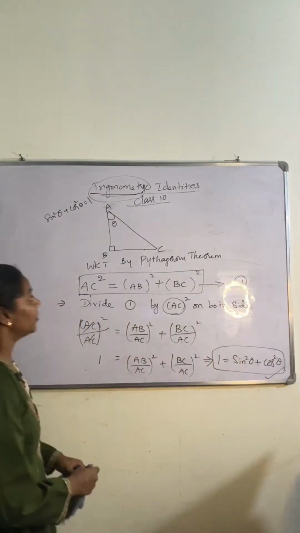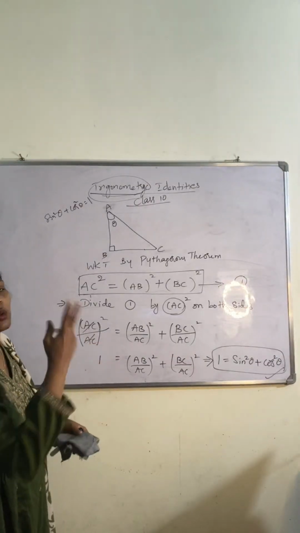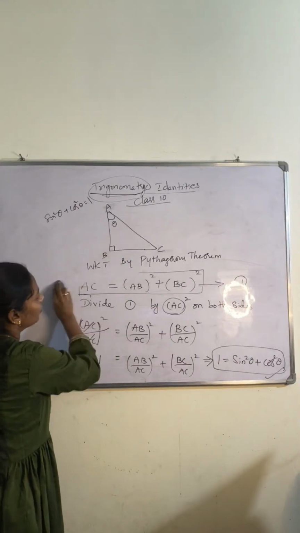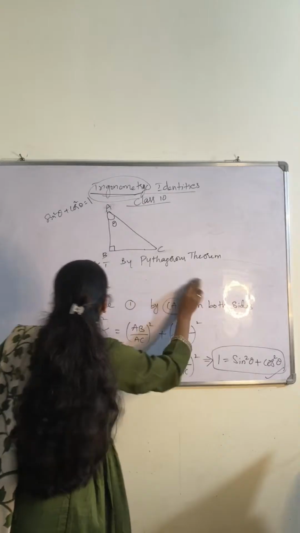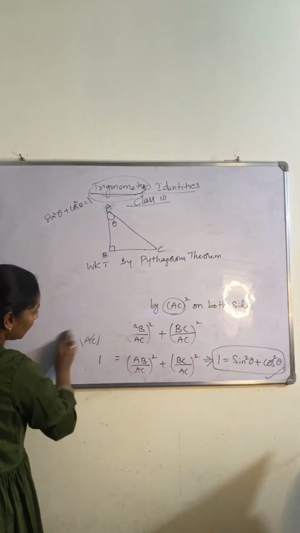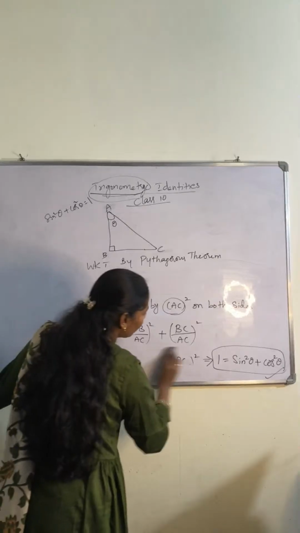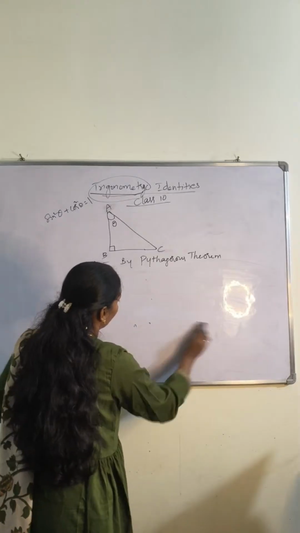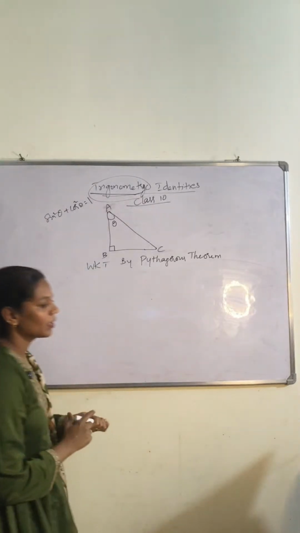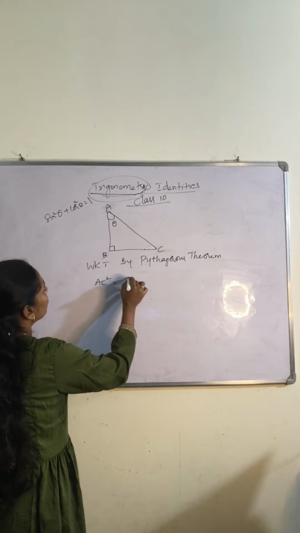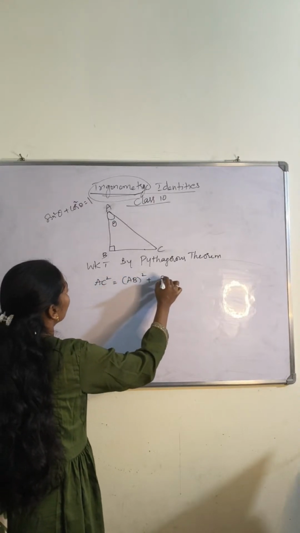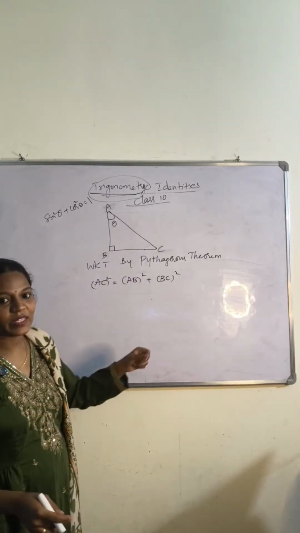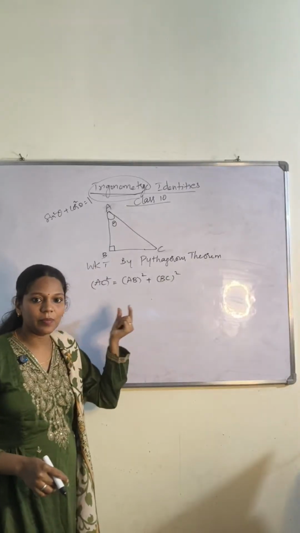So as I just said, let me go ahead with the remaining two identities. So as we just said, out of three terms, each term every time we have to make it one. So the remaining two terms are, AC square is equal to AB square plus BC square. So earlier we made the hypotenuse 1. So now let me make the AB term as 1.